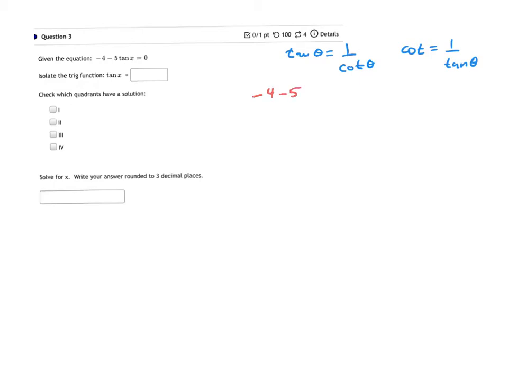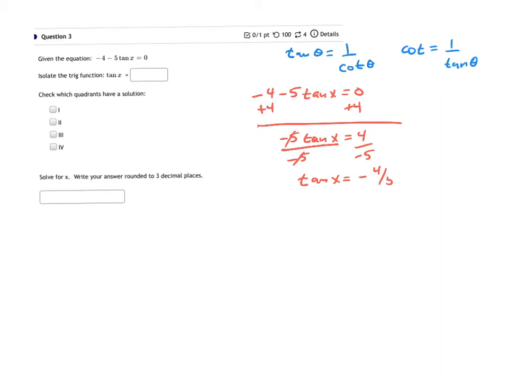-4 minus 5 times the tangent of x is equal to 0. So I'm going to add 4 to both sides, and I get -5 times the tangent of x is equal to 4. Divide by -5, and I end up with the tangent of x is equal to -4/5.